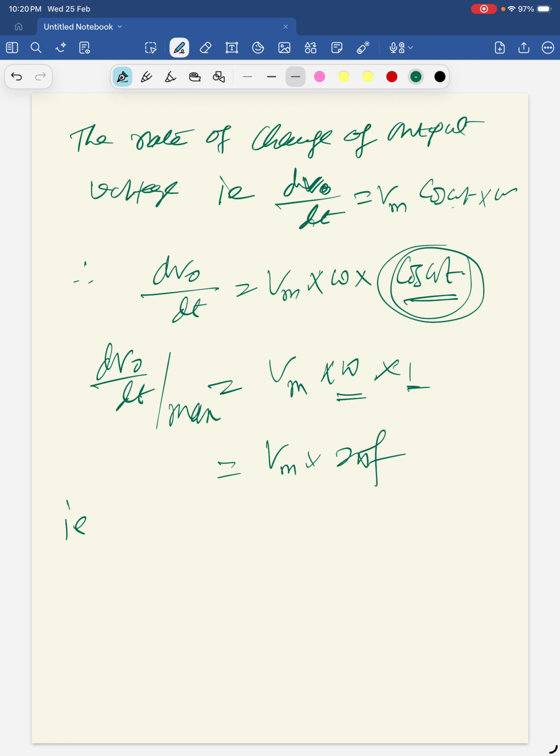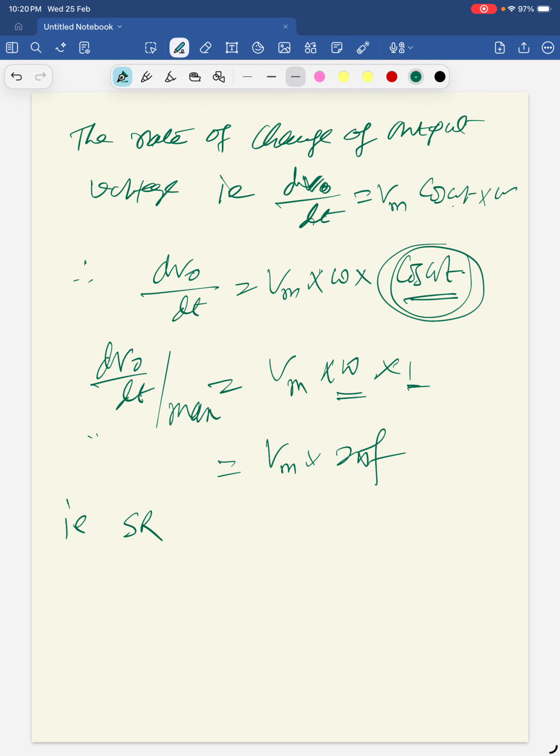So that is slew rate, SR. dV0/dt means slew rate. So slew rate is equal to twice pi f into Vm volt per second. Why?